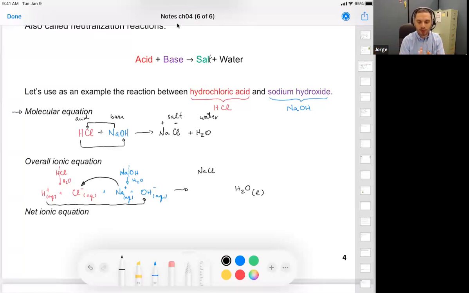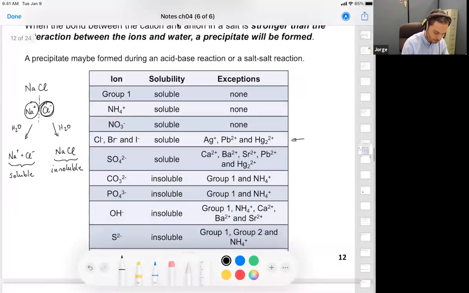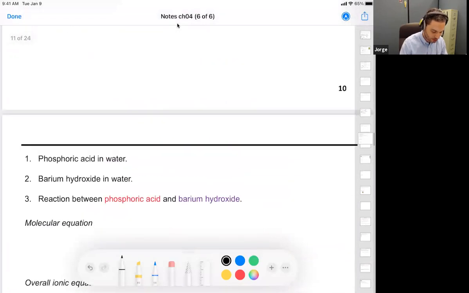So to make sure you get this right, if it is sodium plus Cl minus, that means the salt is soluble. If you need to represent as NaCl as 1 unit, that means the salt is not soluble. How do I know when the salt is soluble or not? Well, we go all the way down to the solubility table. Sodium belongs to the group 1, therefore always forms soluble salts, and there are no exceptions.